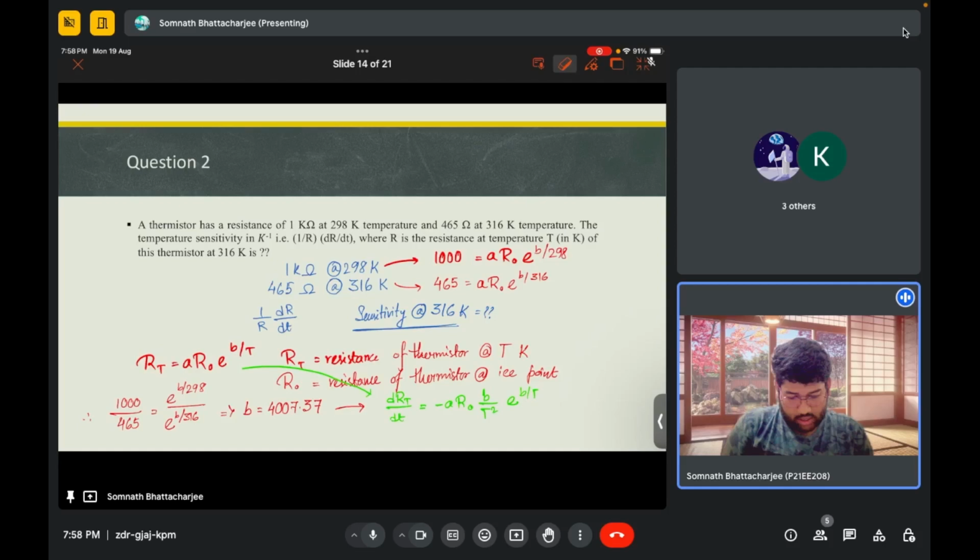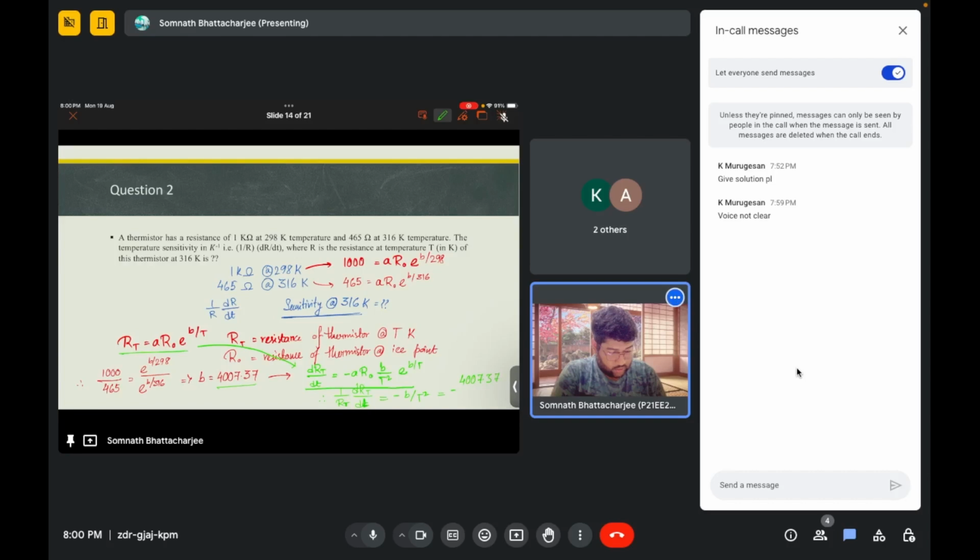Okay. Fine. So as we already know this value, and we already know this value as well, right? So we'll just divide those factors, and we'll get the value B by T square, right? And we have already calculated the value of B, and from this we'll get 4007.37 divided by T square, and we have also got the value of T, that is 316, 316 whole square.